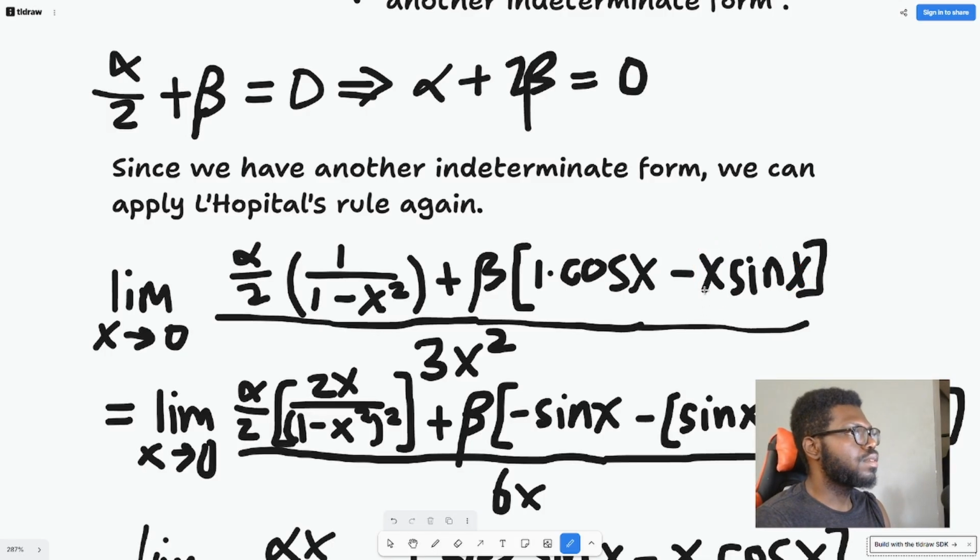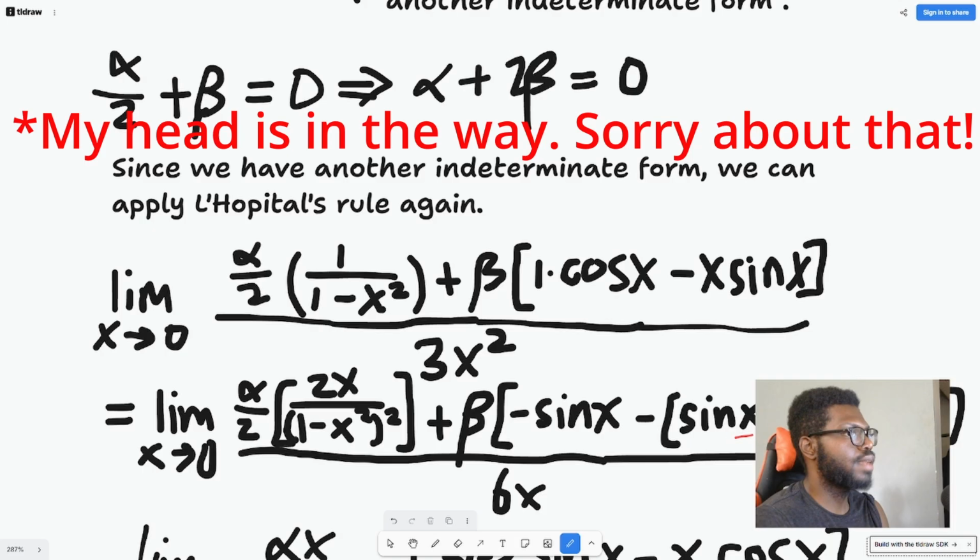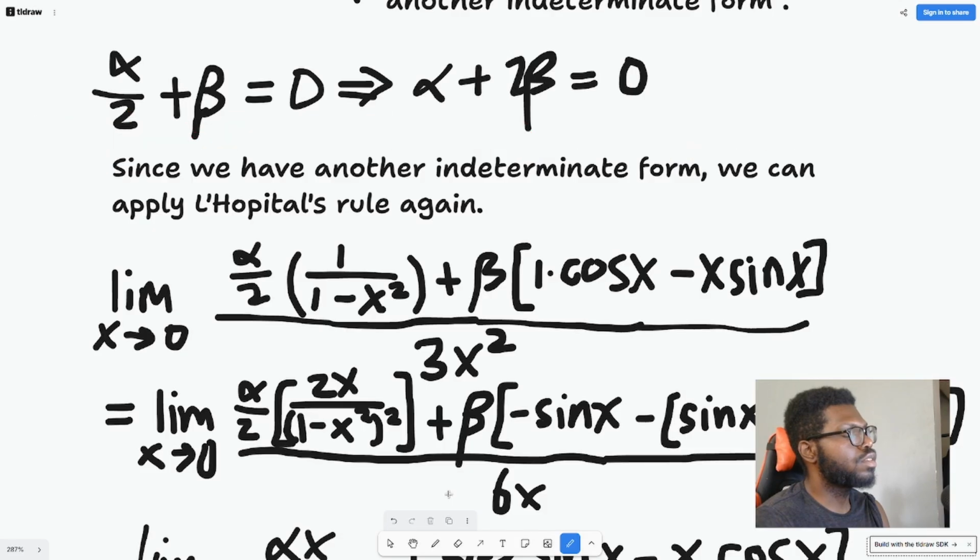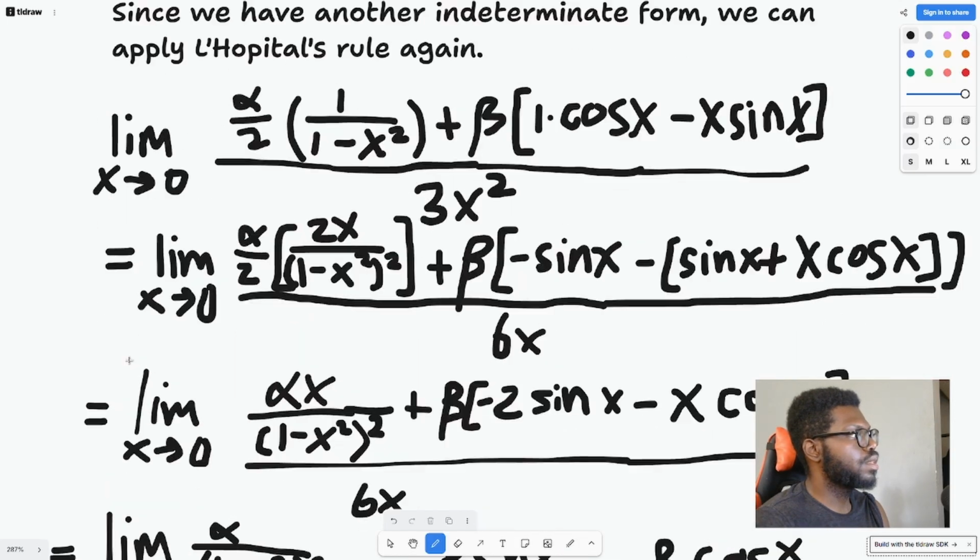The derivative of x is 1 times sine x gives us this first term here, which is sine x. And then we're going to add to that the derivative of sine x times x, the derivative of cosine x. So the other term here is going to be x cosine x. And in terms of the denominator, we're going to end up with 6x because that's the derivative of 3x squared.